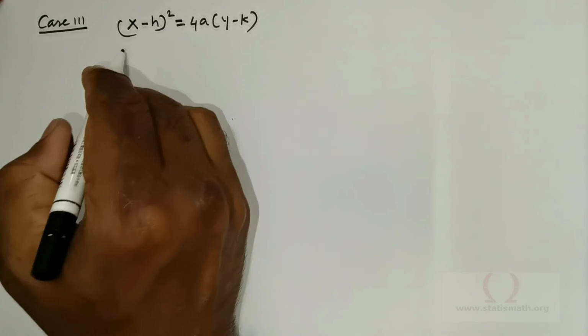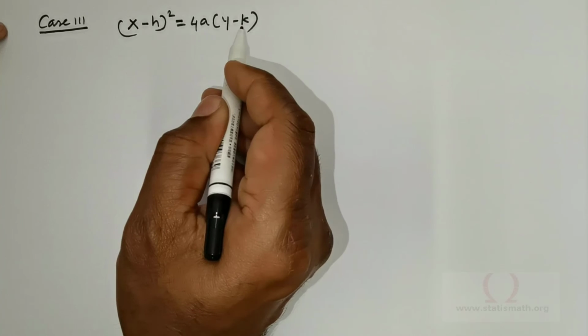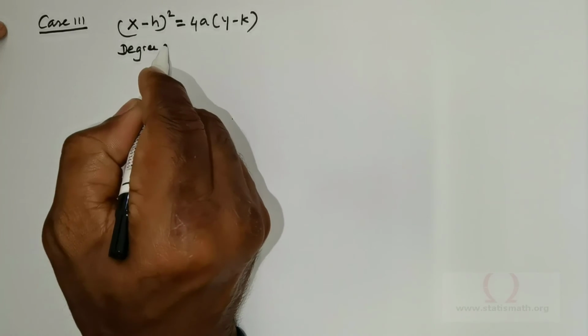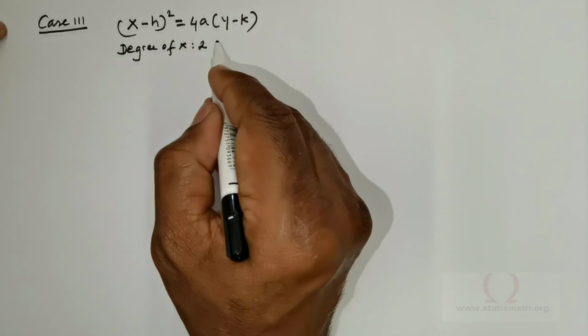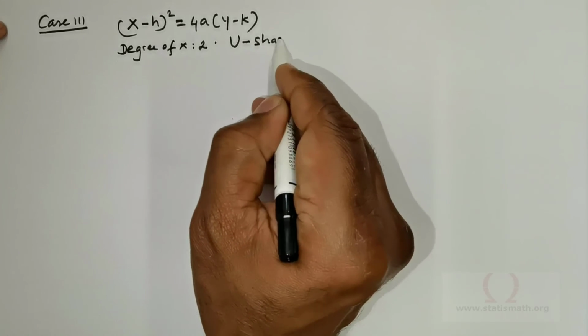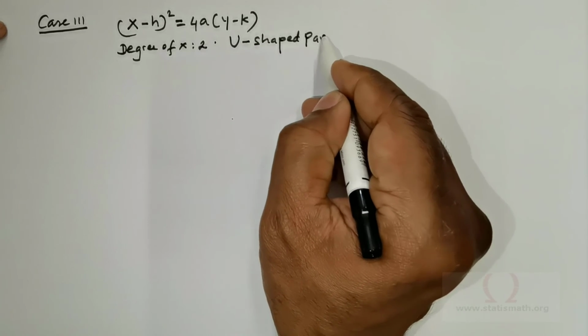So students, we will be looking at this parabola (x − h)² = 4a(y − k). If you see here, the degree of x is 2, it's quadratic in form. So we are looking at a U-shaped parabola, remember that.